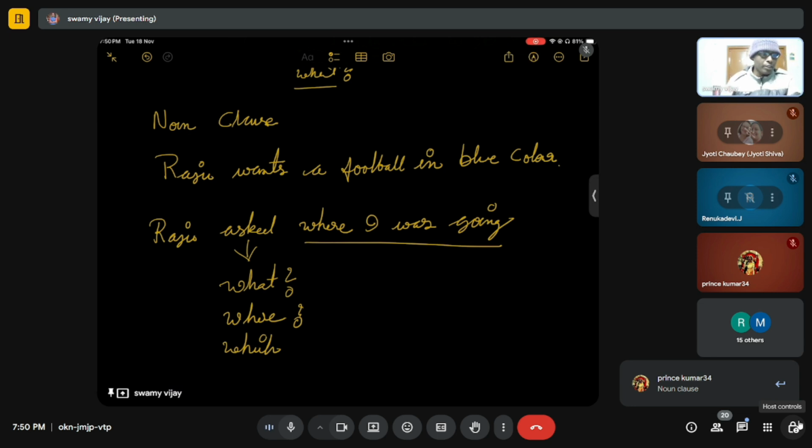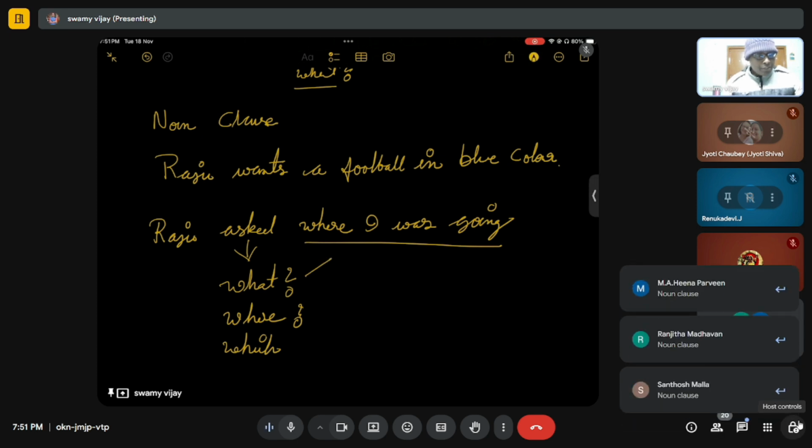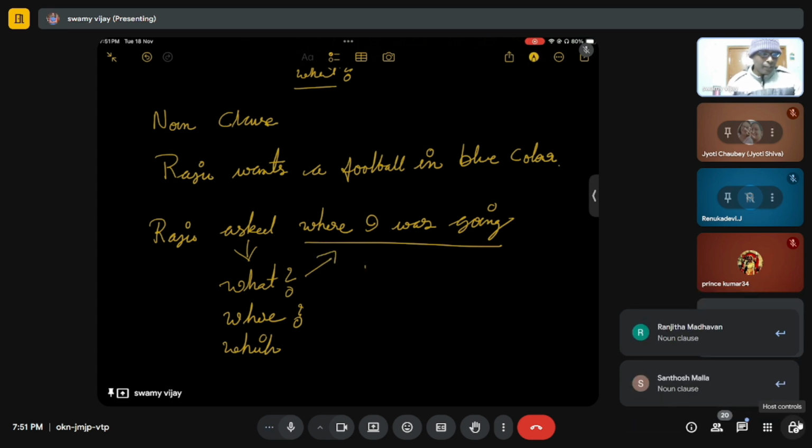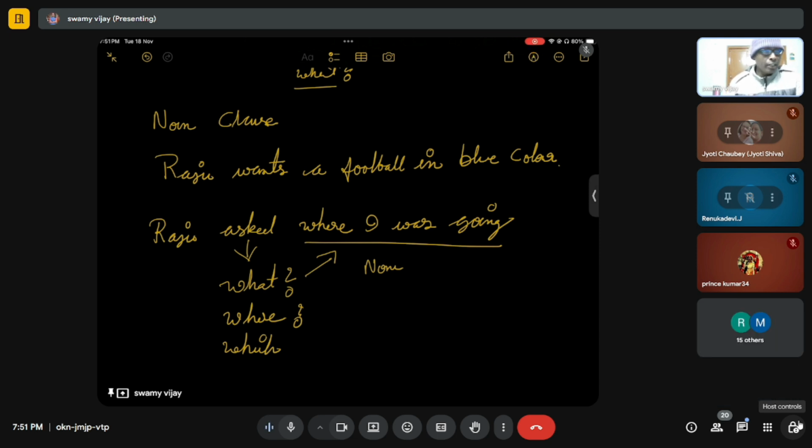Some of you are telling that this is an adverb clause. It is not an adverb clause. It is 100% a noun clause. It is a confusing sentence.